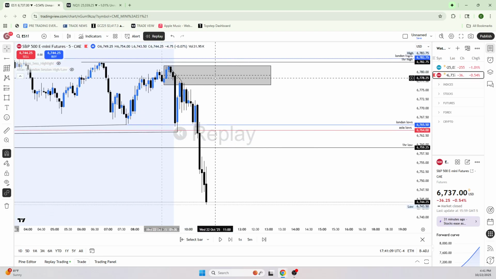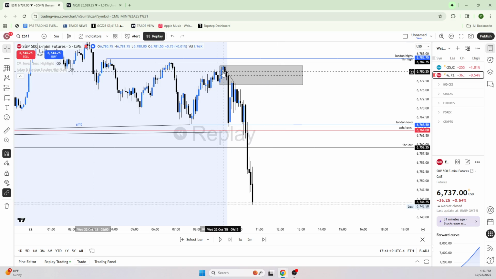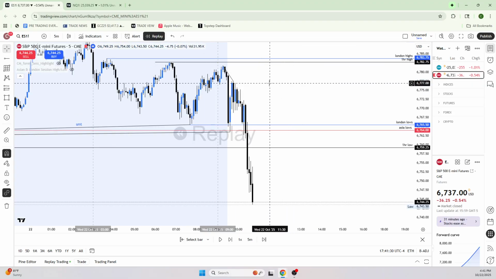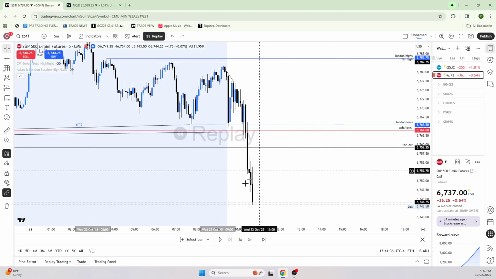But there was no big liquidity sweep, no 1 hour highs that got hit, no London highs, nothing got hit. It was just an internal break of structure. You could have caught the move, but I would rather not have taken that trade. I probably wouldn't have taken that trade, but yeah.